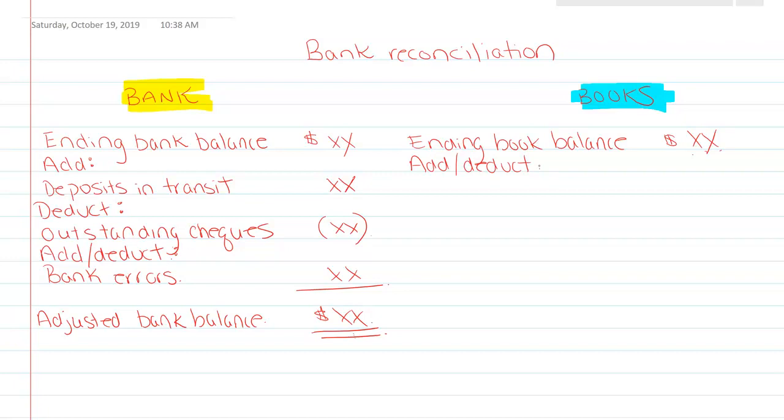Or if somebody deposited cash into your bank account and you didn't know about that, then you would have to report it here. So then I'm just going to say add, deduct, and each question is going to be different. Items on the bank statement not recorded by the bookkeeper, and they should be recorded.